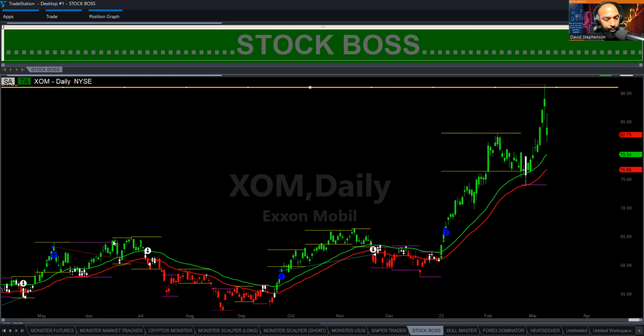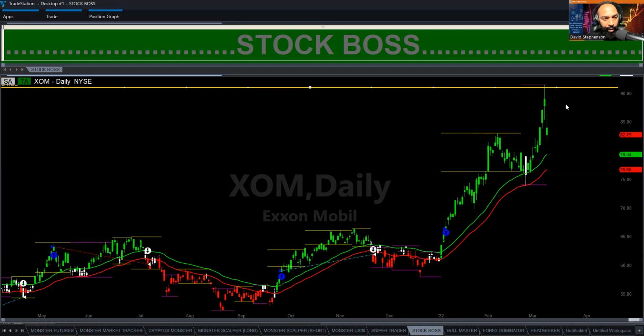Right here. Whenever you get those purple support and resistance, just think of it as the price getting overbought. When it's yellow support and resistance in the markdown phase, it's oversold. So it's really overbought. And your buy signal is all the way down here.